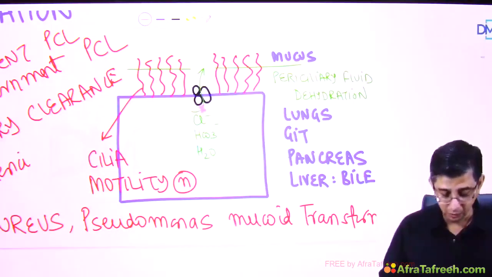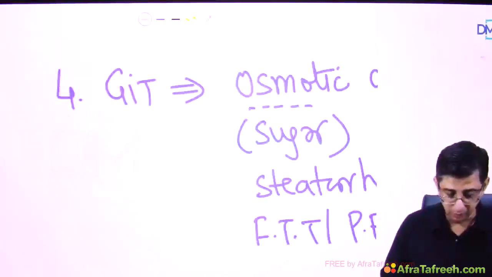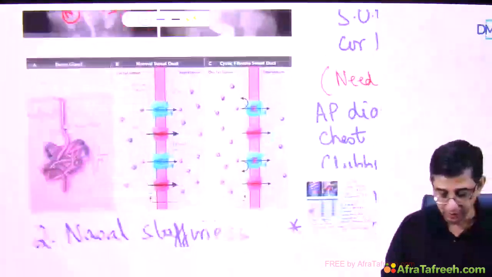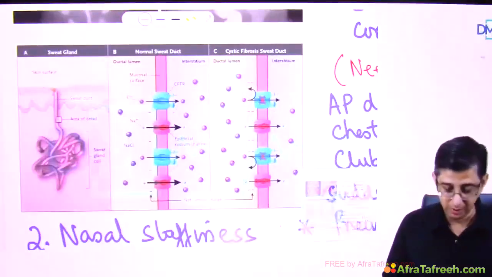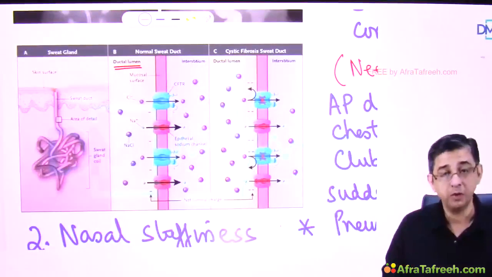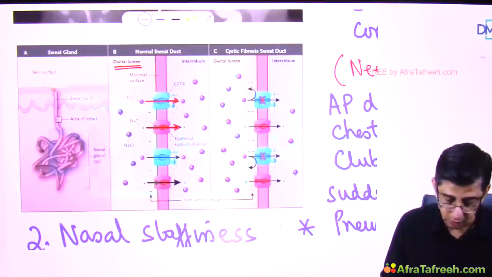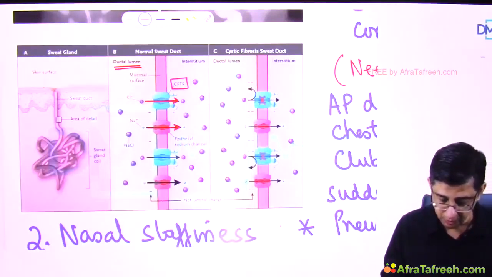But in patients who are having cystic fibrosis, when it comes to the involvement of the sweat glands, let me say this is the ductal lumen of the sweat gland. In a normal person, the chloride is reabsorbed via CFTR. We have ENaC, the epithelial sodium channel. So you can see the CFTR, you can see here the ENaC, the epithelial sodium channel.